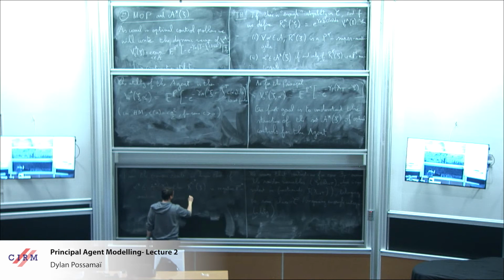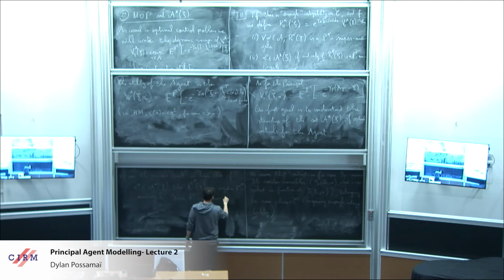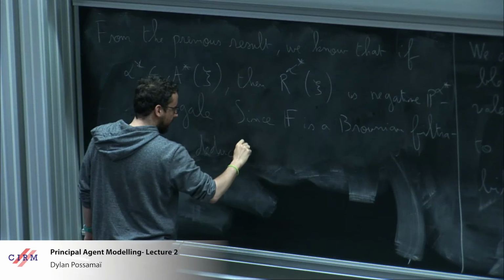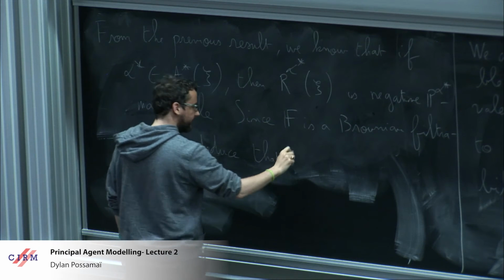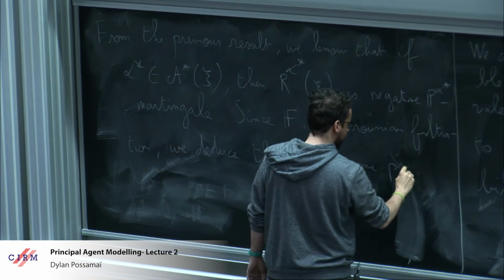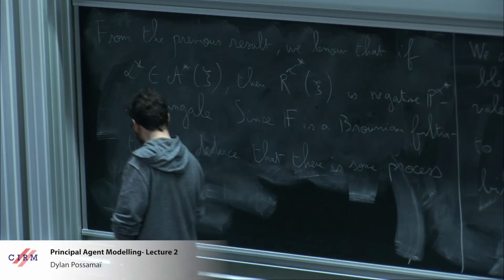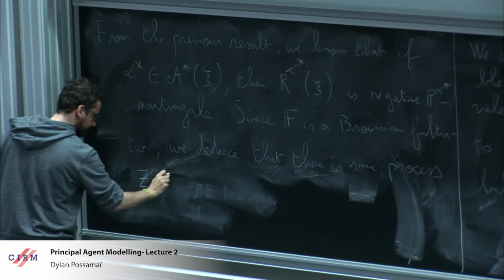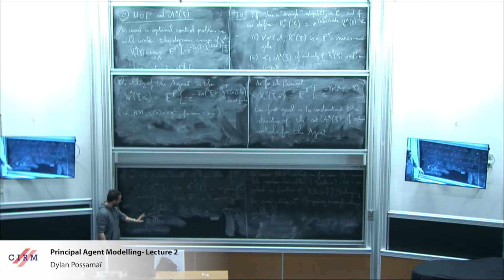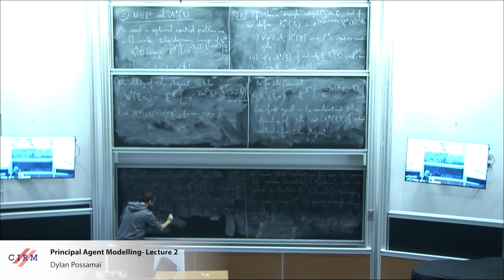So since F is a Brownian filtration, we deduce that there is some process Z. At this stage I really don't want to go into detail, so let me just say that Z is locally in H2.